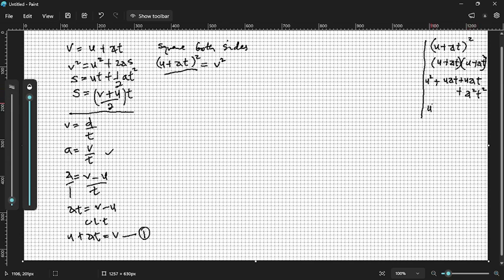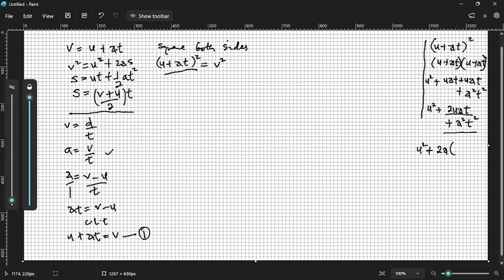This will be U squared plus 2UAT plus A squared T squared. Now, we'll factorize here and here, so that we'll have U squared plus, bring out 2a in a bracket.